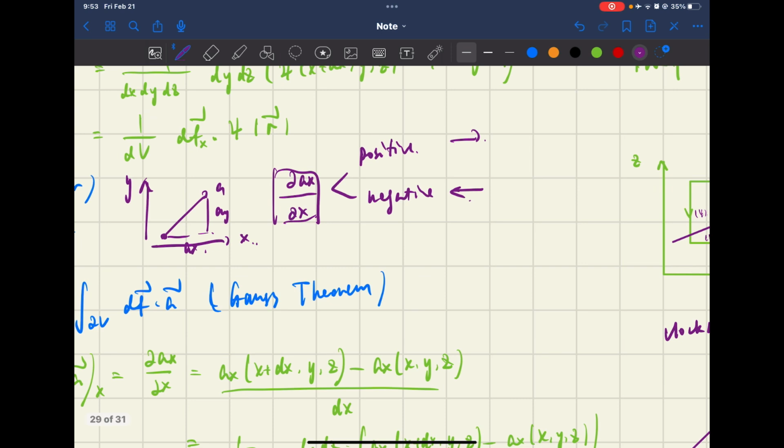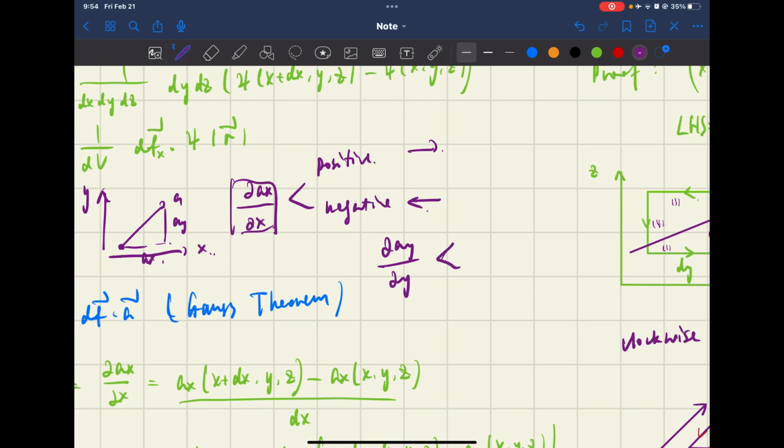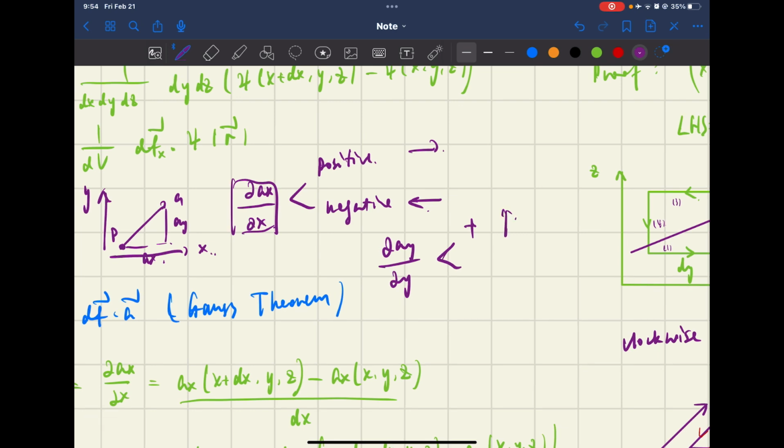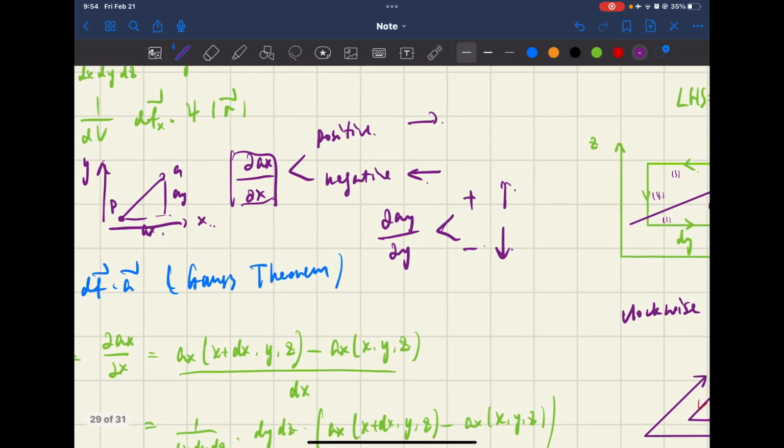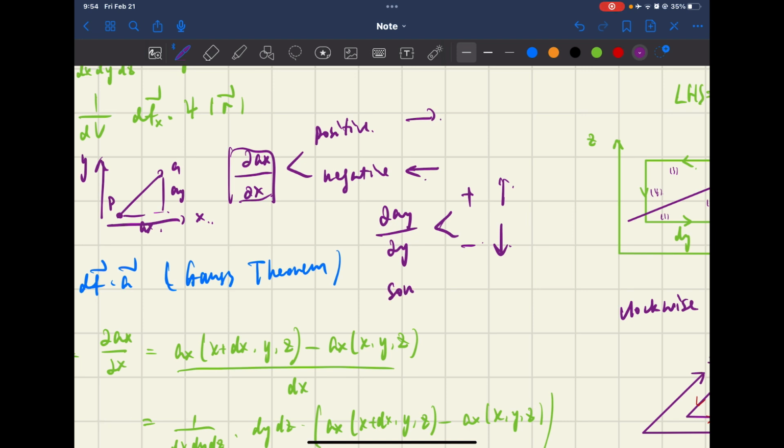It's similar for the y-axis. If the partial of Ay over y is positive, then at this point P there will be a vector pointing upward. If it's negative, the vector generated by this point will be pointing downward. So it's a quantity that measures the source at the point.